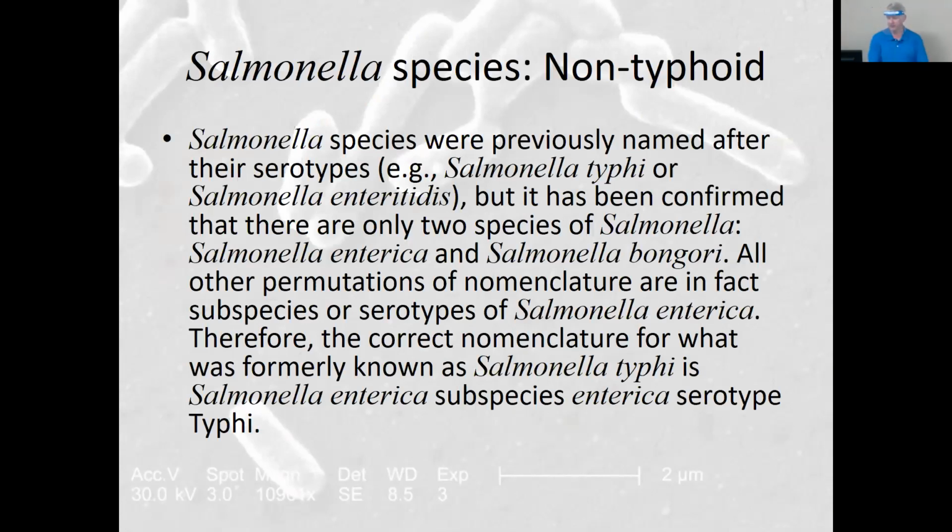Previously named by their serotypes, Salmonella typhi or Salmonella enteritidis. But it's been confirmed that there are only 2 species of Salmonella. We're going to go with Salmonella enterica and Salmonella bongori. All other previous nomenclatures are in fact subspecies or serotypes of Salmonella enterica.